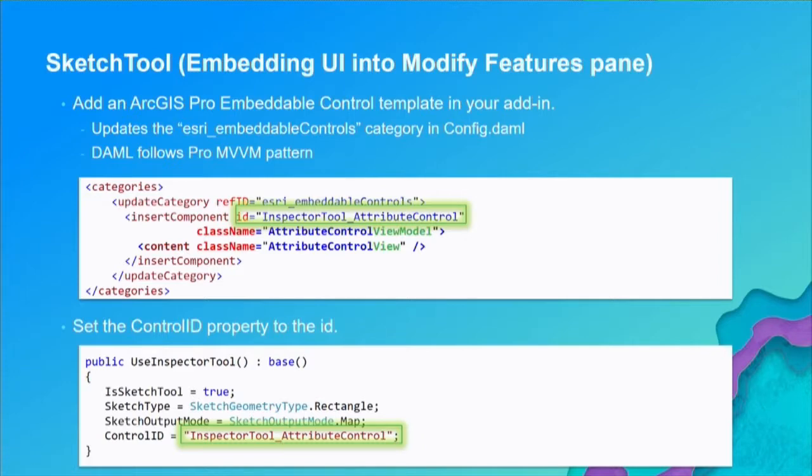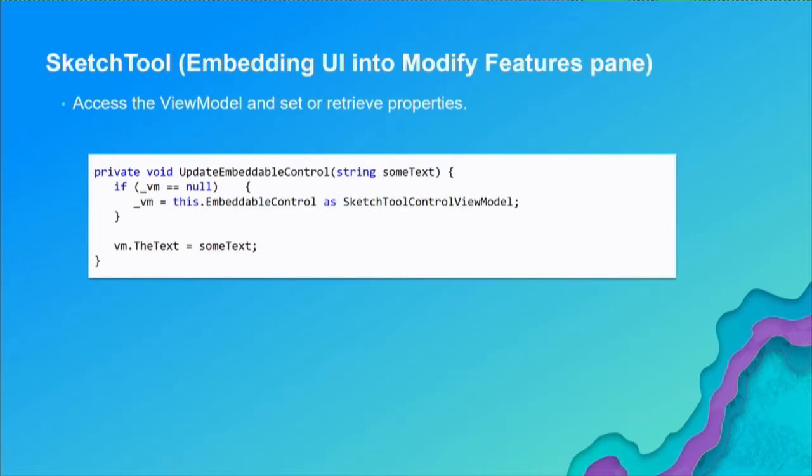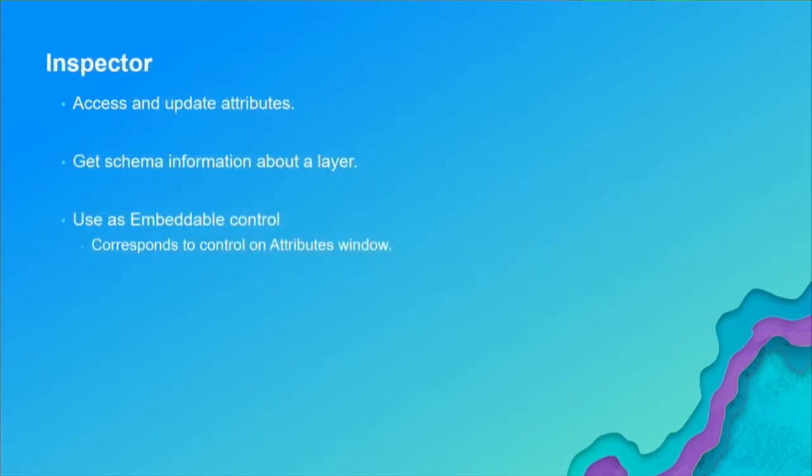So this ID is being paired up that way. And then essentially from the embeddable control, we're retrieving the view model, and we're off and running essentially the same way, modifying the properties as we've seen previously.